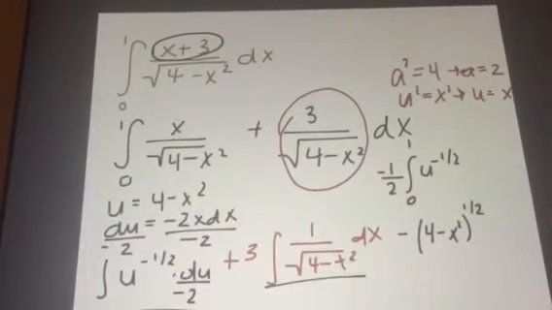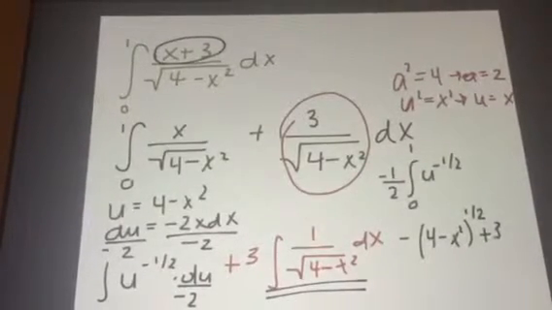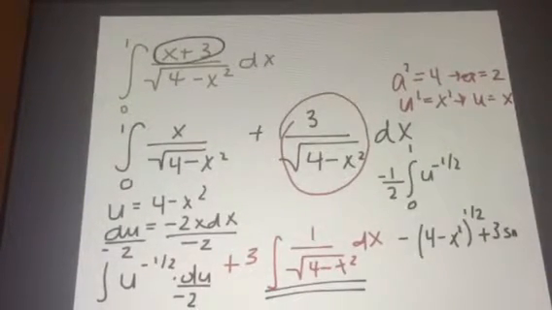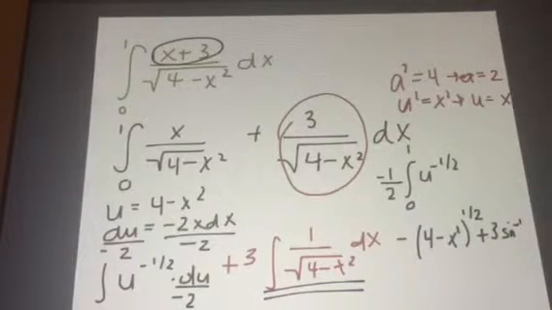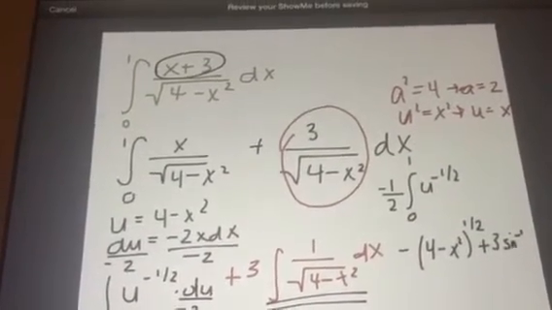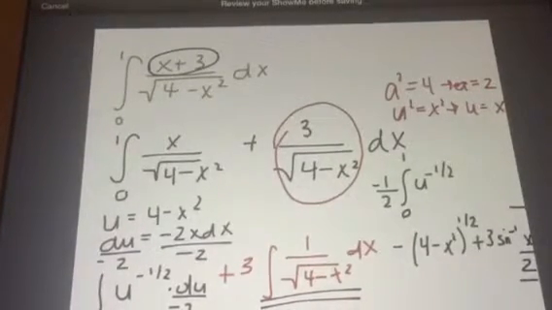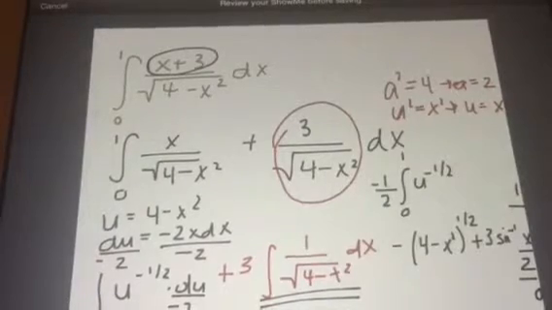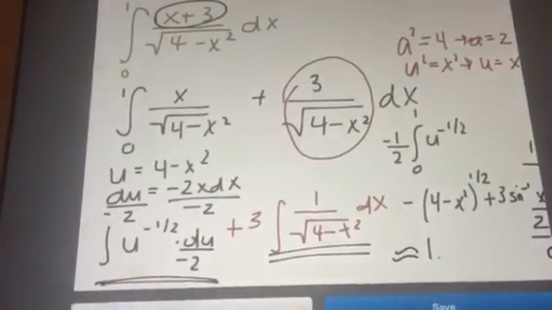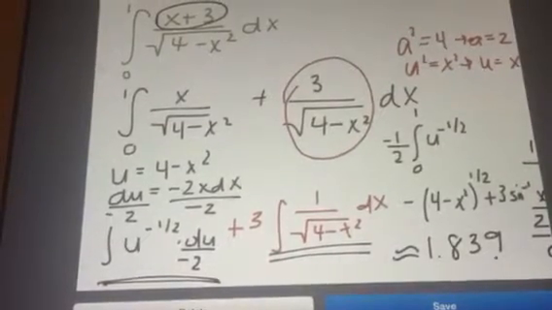And then when we do this portion here, we put plus 3 sine inverse of u over a. And don't forget we have to evaluate this from 0 to 1, which would give us an approximation of 1.839.